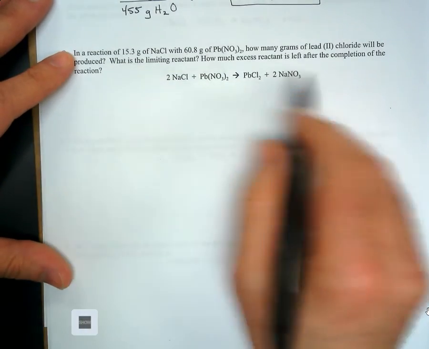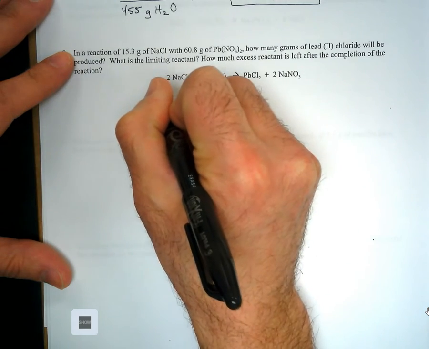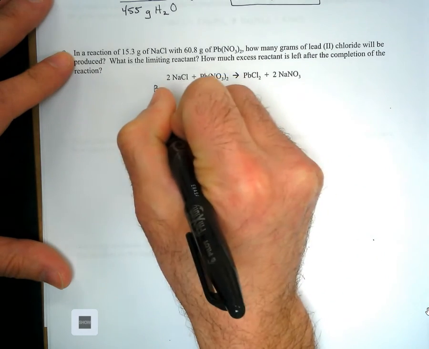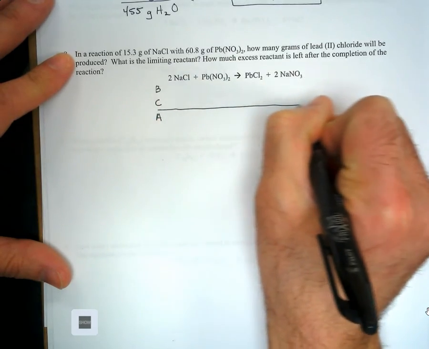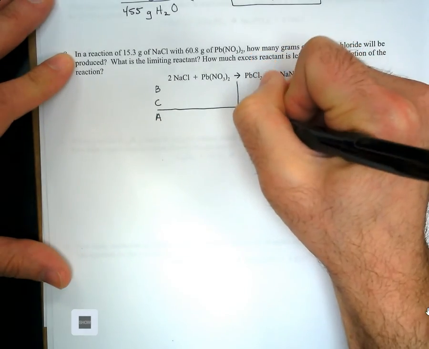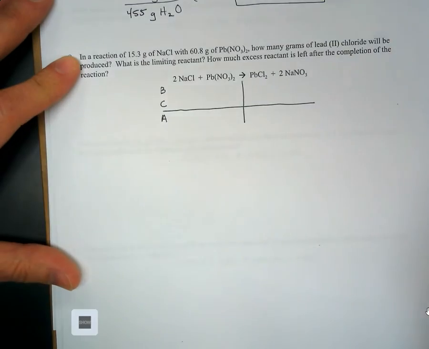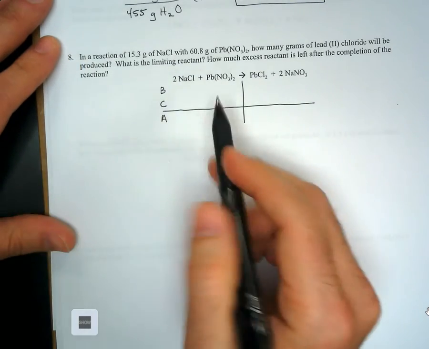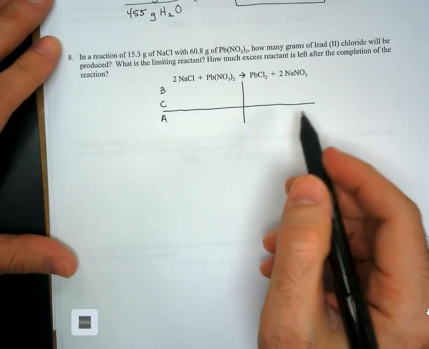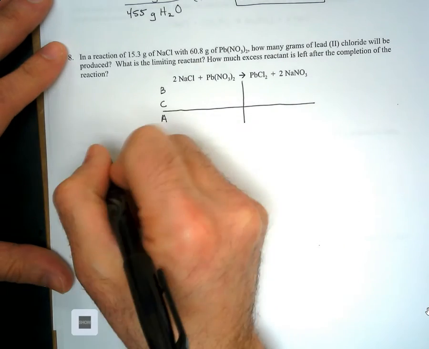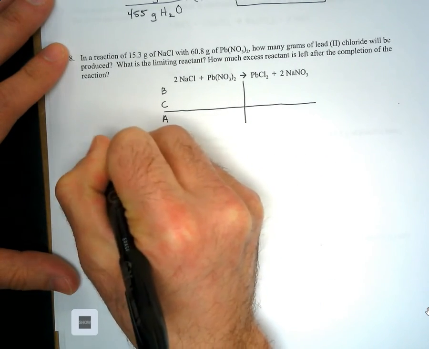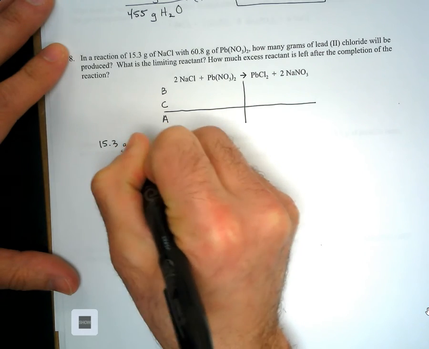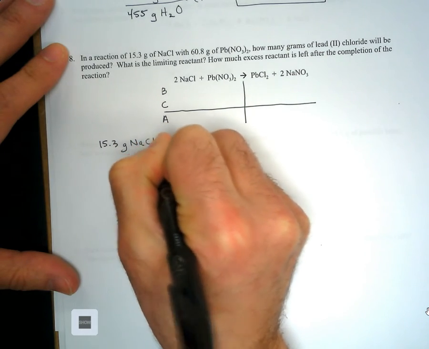So I don't have to rewrite the equation. I'm just going to do that right under here. And first thing is we're going to convert grams into moles. So I'm going to do 15.3 grams of the NaCl.